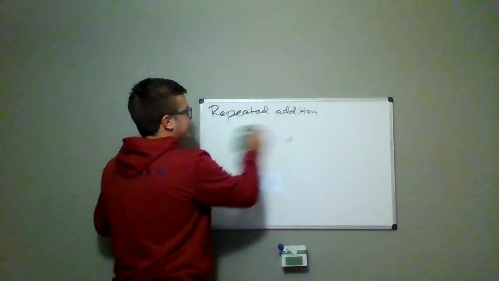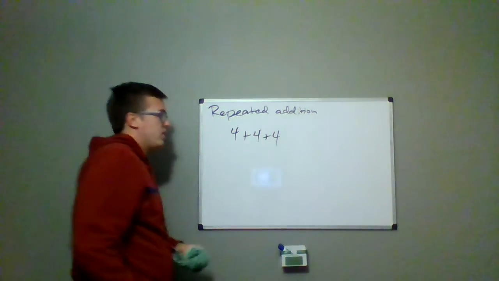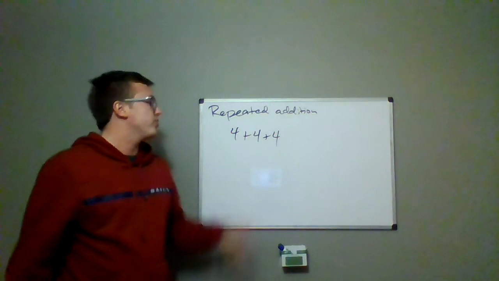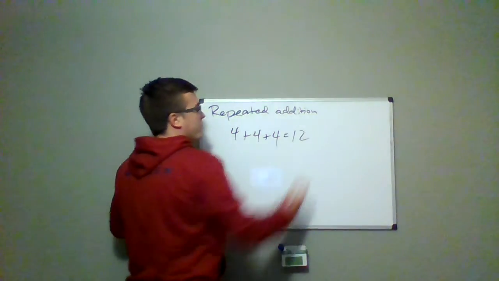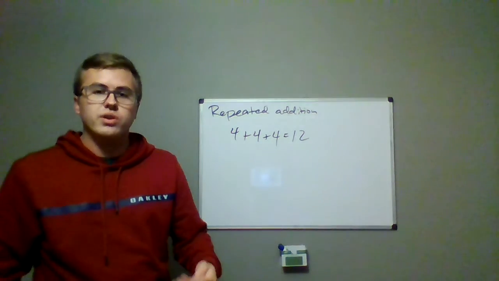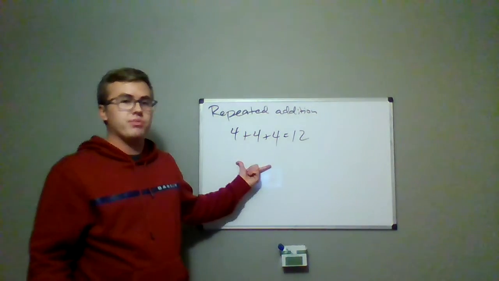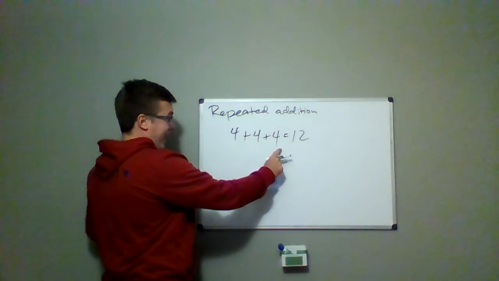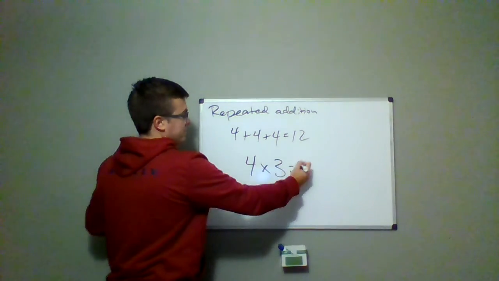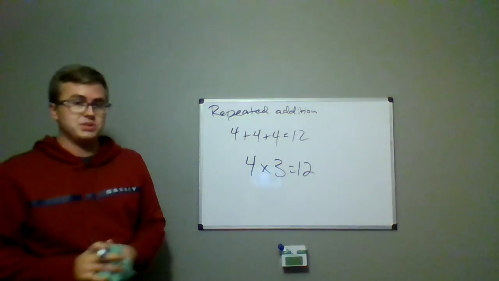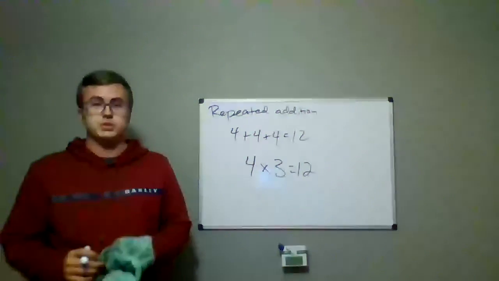Let's just go super easy and do 4 plus 4 plus 4. Well, we can add those together. 4 plus 4 gives me 8. 8 plus 4 gives me 12. But again, if we want to keep doing that over and over again, we want to simplify that process. What we're doing is adding 4, and there's 3 4s. So that simplifies to 4 times 3. So repeated addition simplifies to multiplication.